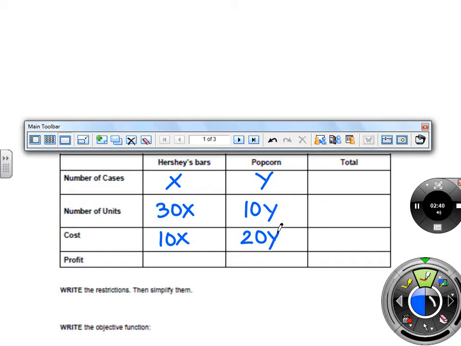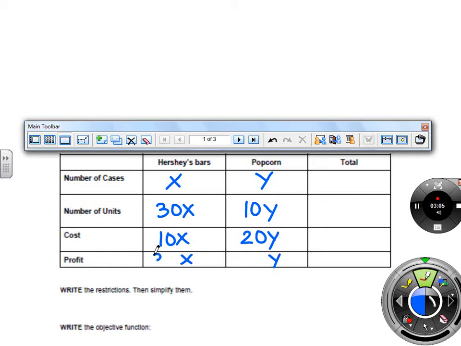Now the last line is the profit. This is what we can sell them for. Now remember, if we're still going to include X and Y, this is representing a case. So the number that you're pairing with this needs to be the amount of profit you're going to make for a case of the candy bars, not for each candy bar.